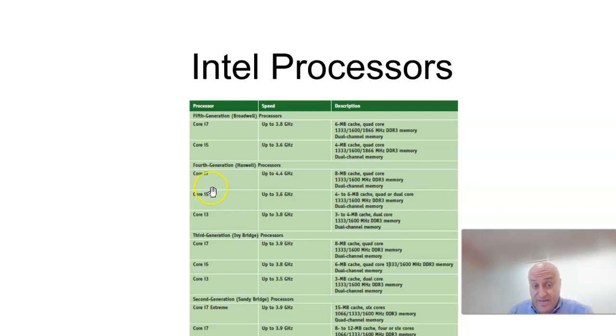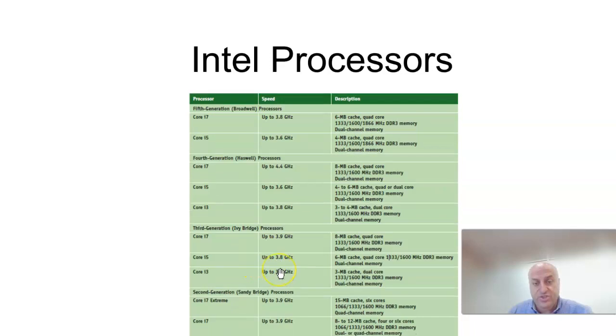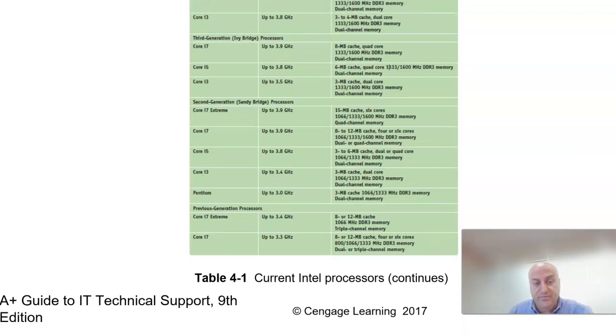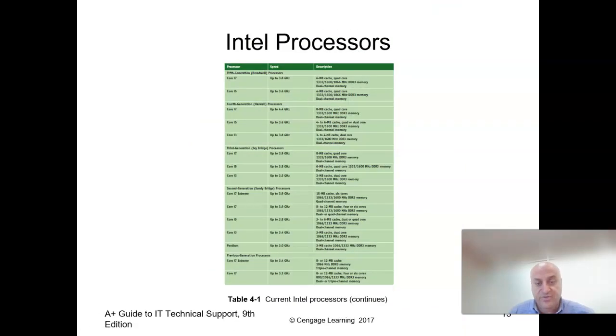This is a different brand. This is Haswell, and this is Broadwell. For example, Core 7 here is 3.9 and Core 5 here is 3.8. So these are different brands, and that will be a good table to take a look at.